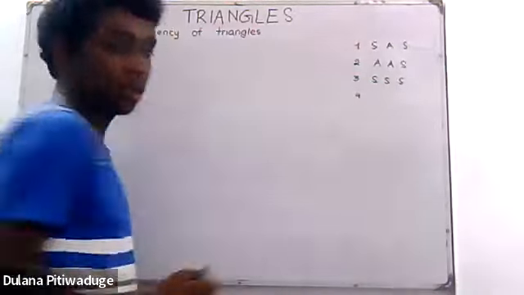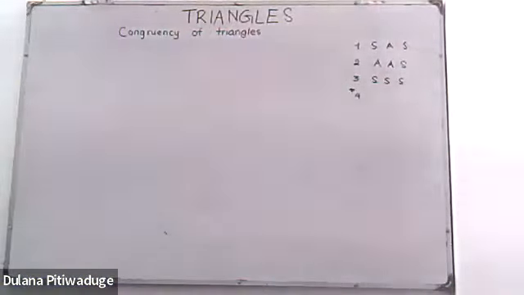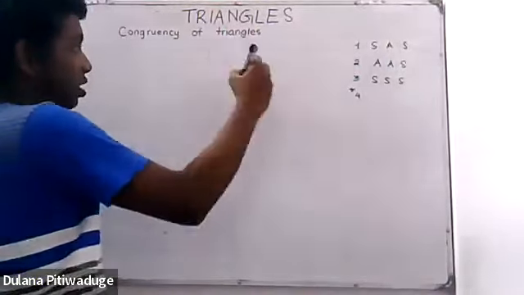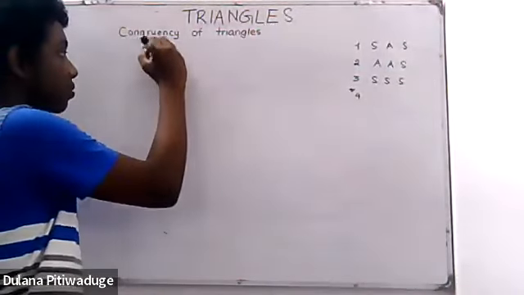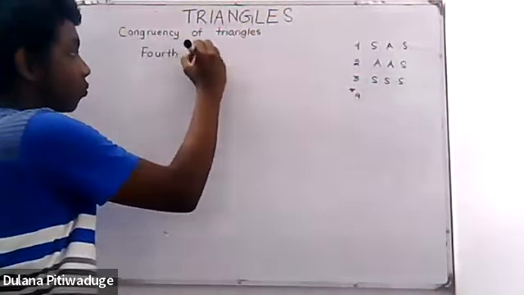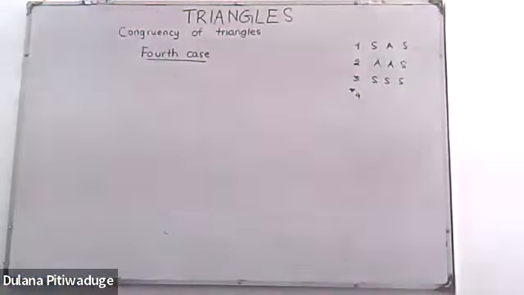And the fourth case is a special case because the triangle should be of a certain type. The fourth case is discussed only for right angle triangles. It is the case of the hypotenuse and a side of a right angle triangle being equal to the hypotenuse and a side of another right angle triangle.